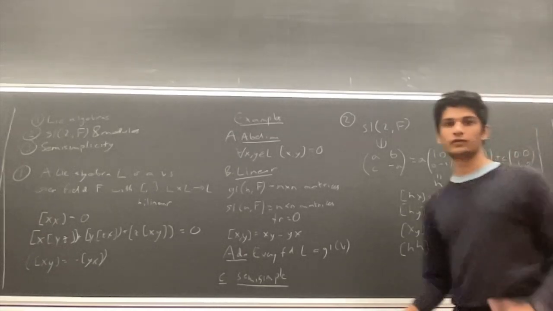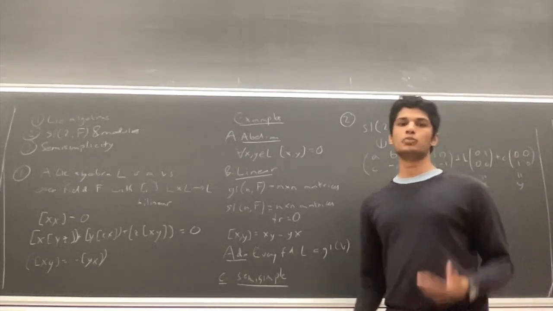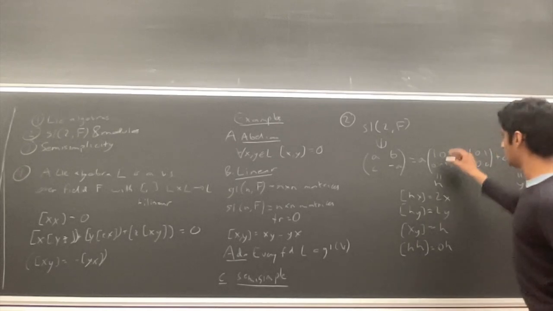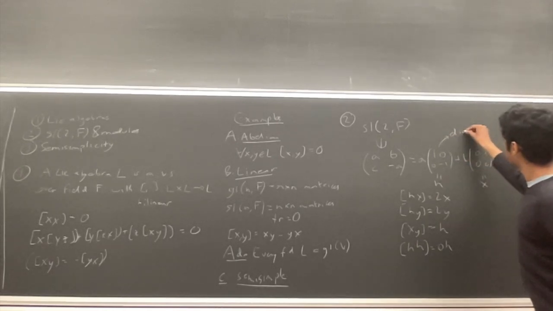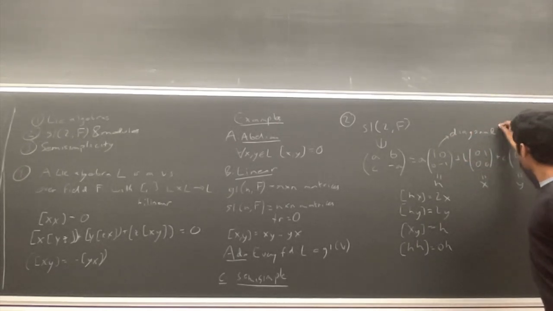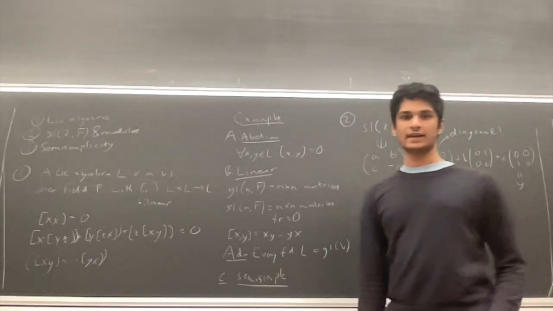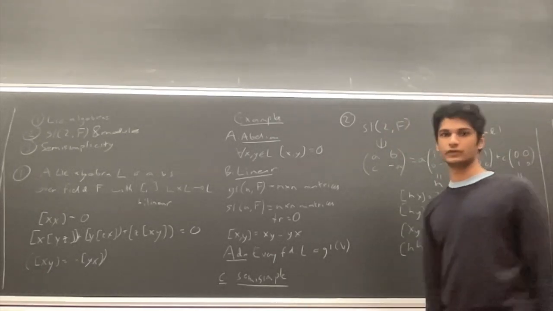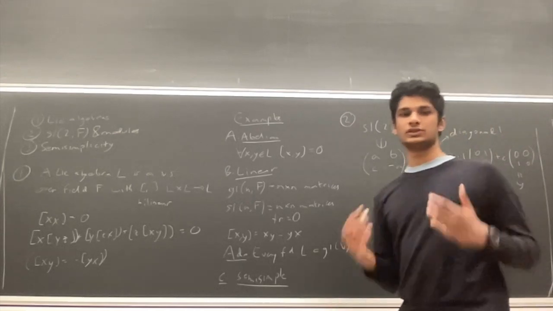Okay, so before we jump right into modules, the important thing to note is that H is diagonal, and that's going to be very useful for our applications. Okay, so let's jump right into modules.